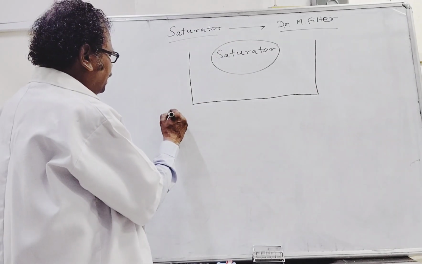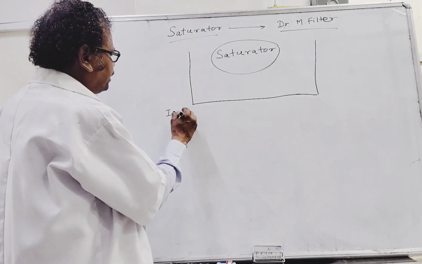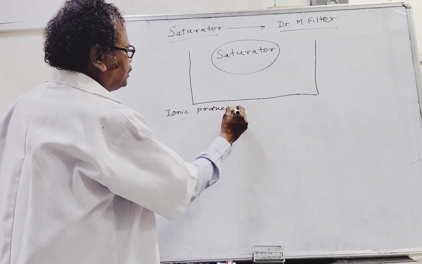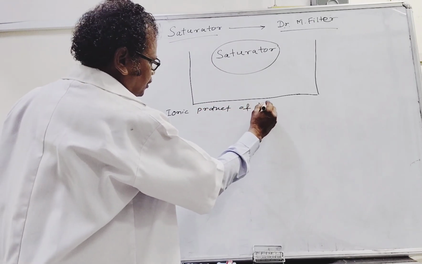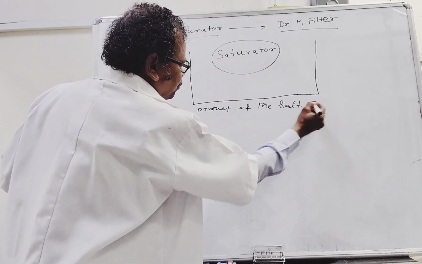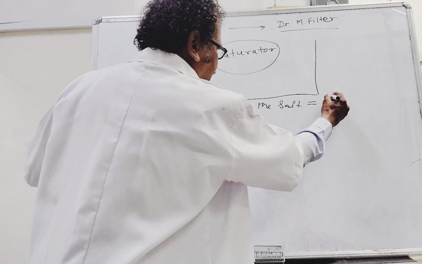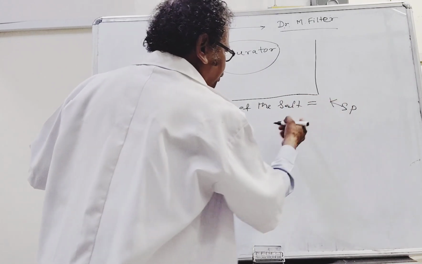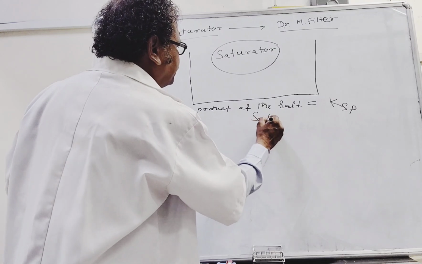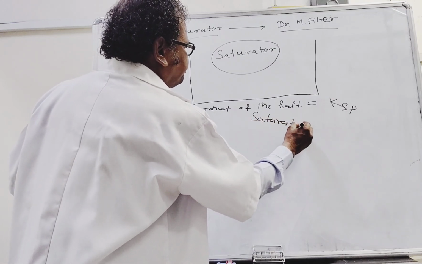You see, the ionic product of the salt is equal to the Ksp value of NaCl, that is called saturated.